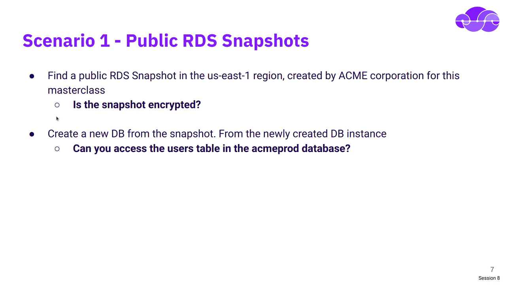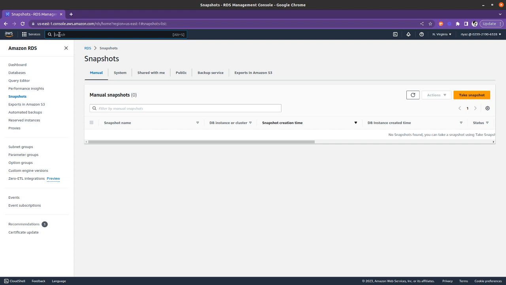So if you simply navigate to AWS RDS, you can search for RDS in the search field here, come to RDS and then come to snapshots. You'll not see anything unless you've created your own manual snapshot here. Go to public.